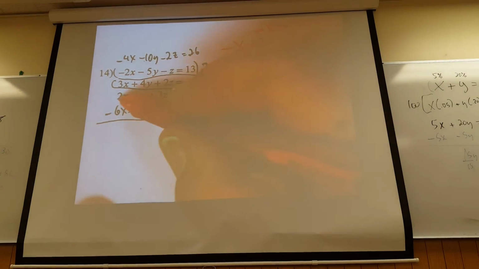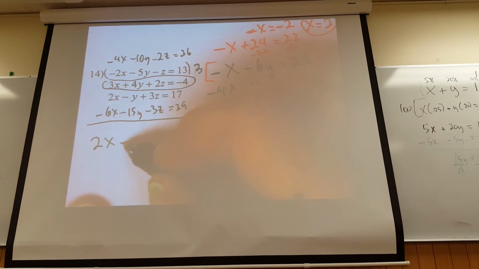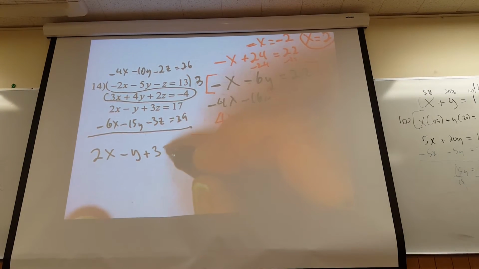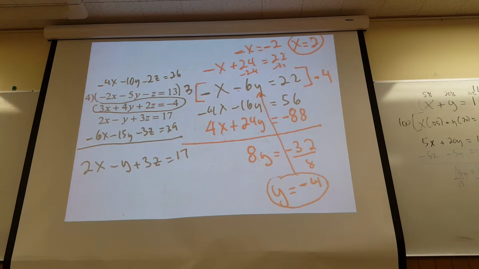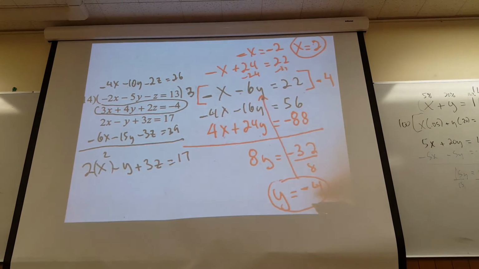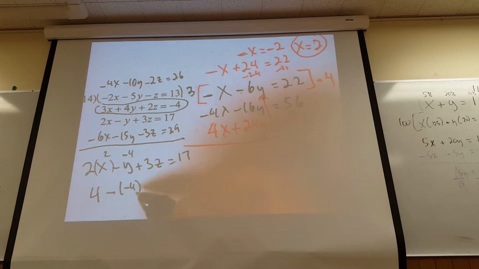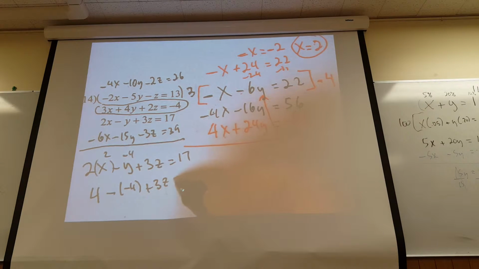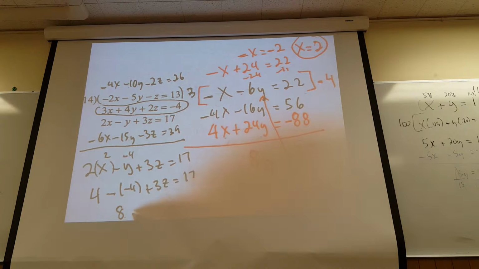So now I'm going to take any of these equations. So if I take this bottom one, which says 2x minus y plus 3z is 17. Okay, so my x is 2 and the y is negative 4. So I have 4 minus negative 4 plus 3z equals 17. 4 minus negative 4 is 8 plus 3z is 17.